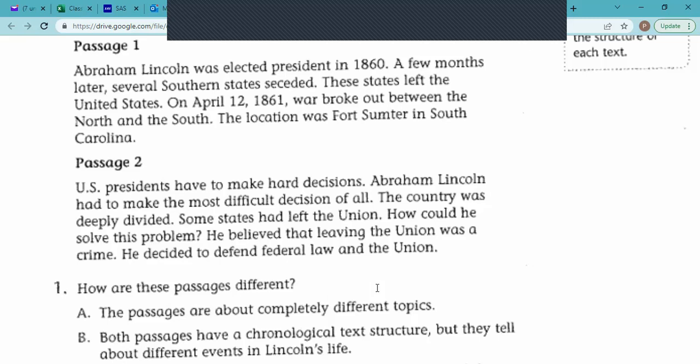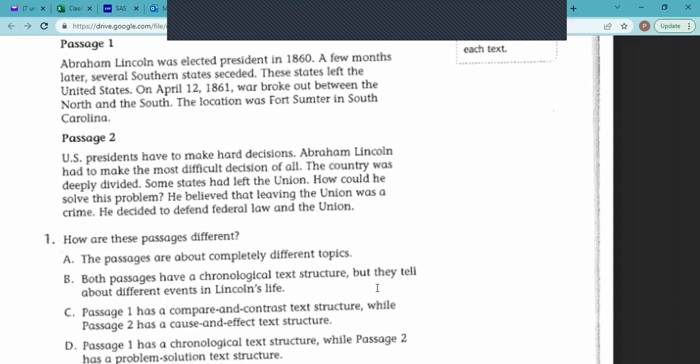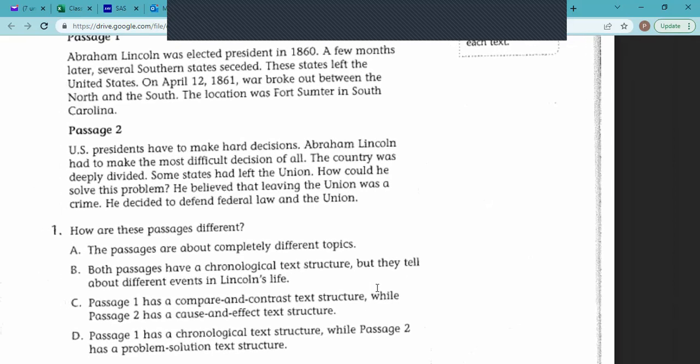So question number 1 says, how are these passages different? A, the passages are completely different topics. B, both passages have a chronological text structure, but they tell about different events in Lincoln's life.